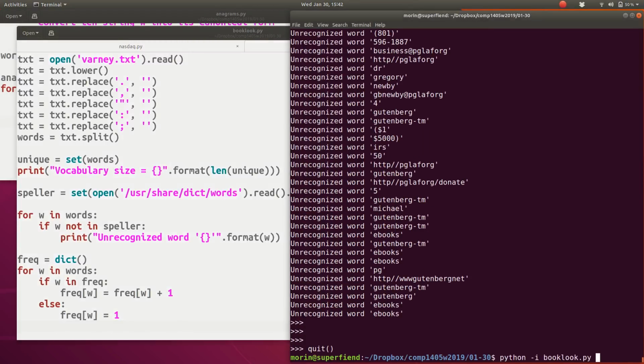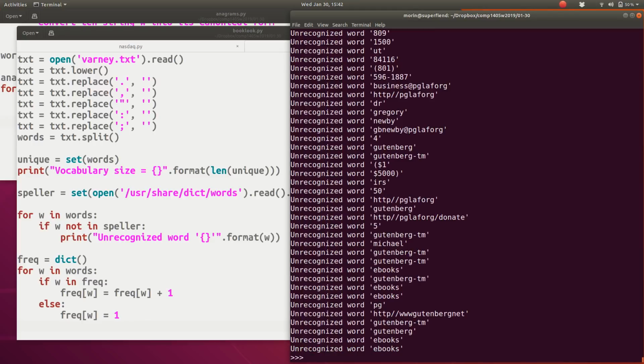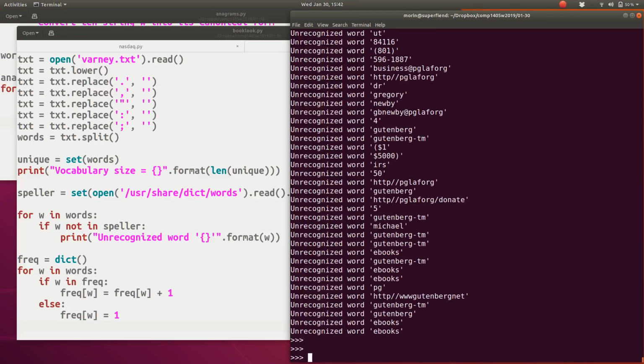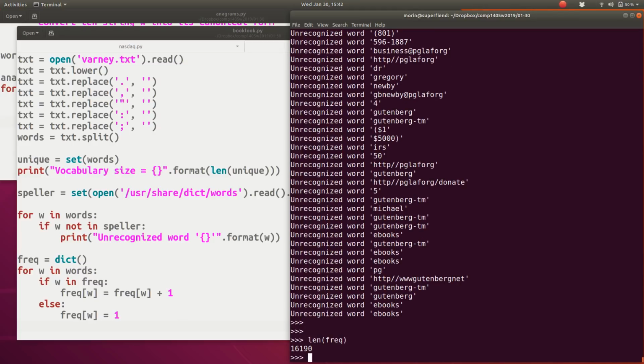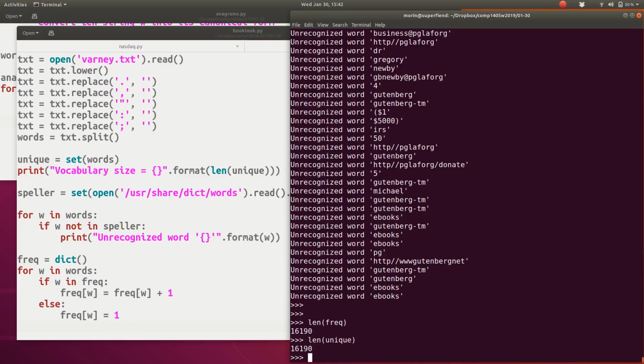Okay, let's check that out. All right, so what's the length of freq? 16,190, which should be the same thing as the length of unique, because the number of unique words was 16,190, and so the number of entries in our frequency counter should be the same. So let's look for something in there that is fairly common.